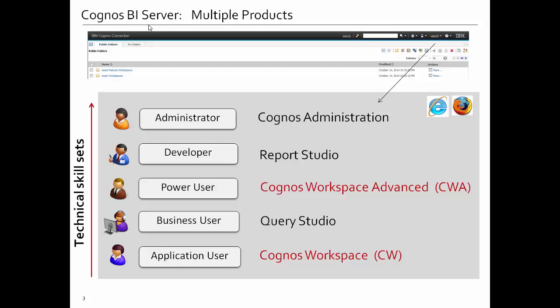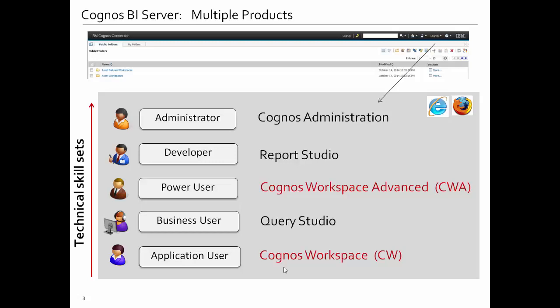When they bring up Cognos Connection, there's a number of different tools they can launch to. Cognos Admin, Report Studio, Cognos Workspace Advanced, Query Studio, and Cognos Workspace. I highlighted them here in this diagram to showcase that each one of these tools is intended for a specific user.